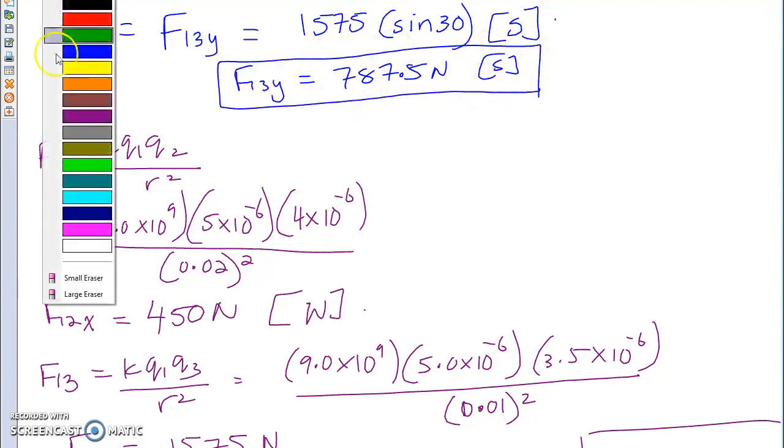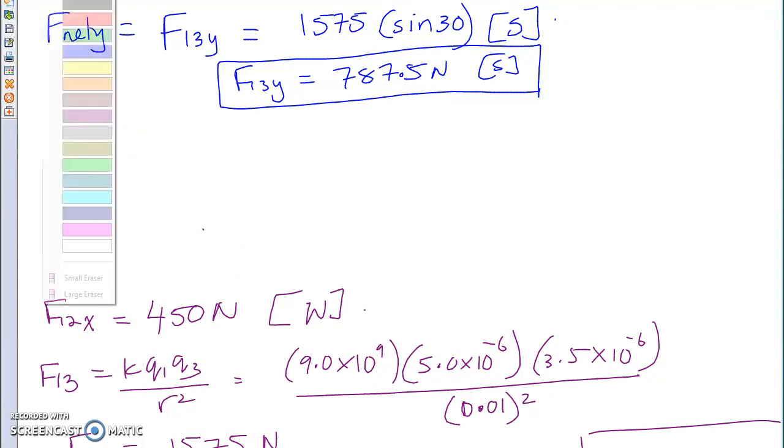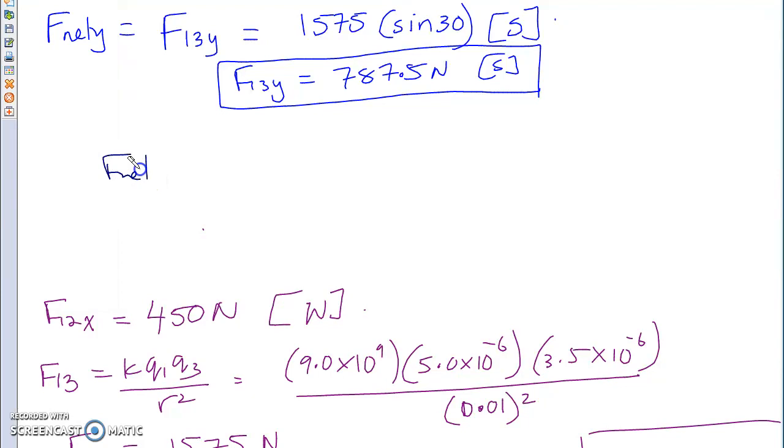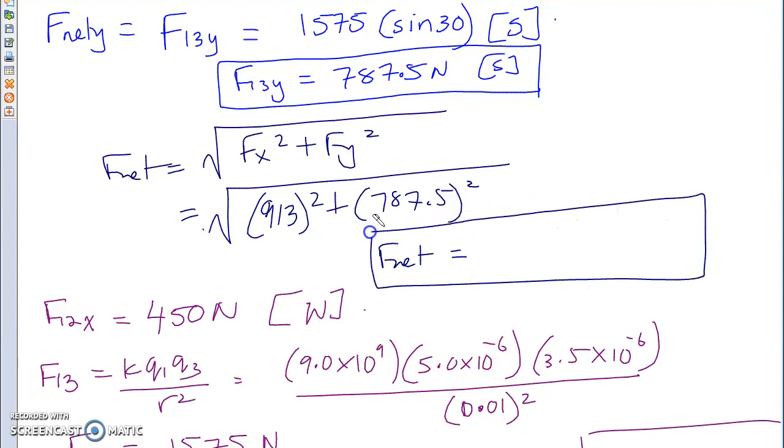Okay. Now we're going to use the Pythagorean theorem, and you end up with F net, which of course equals the square root of F x squared plus F y squared, so the square root of 913 squared plus 787.5 squared. And what is your F net? So 1206.5 newtons.